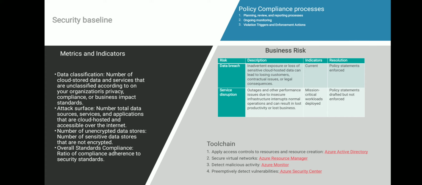Now, from the metrics perspective, you have to classify your data. You have to make sure about the attack surface. You need to have the total number of data sources clearly defined, that is, how many data sources you have in the organization.